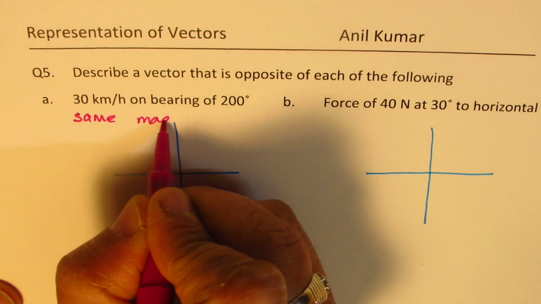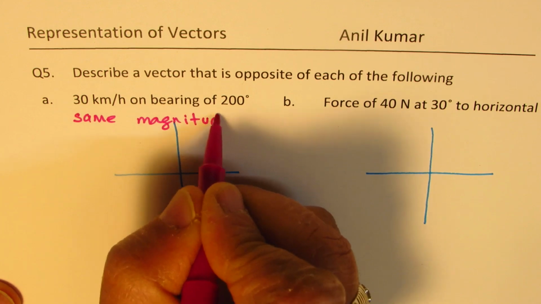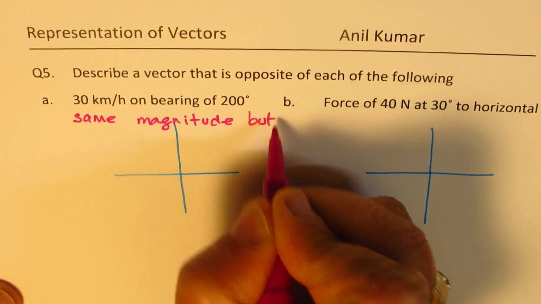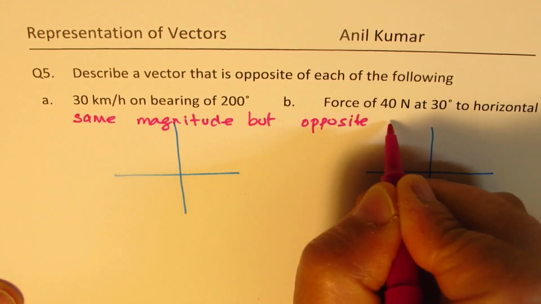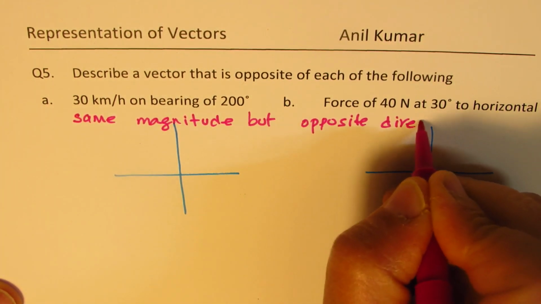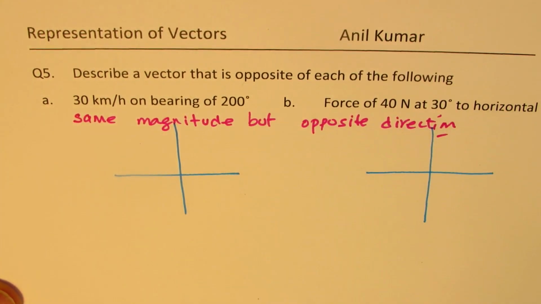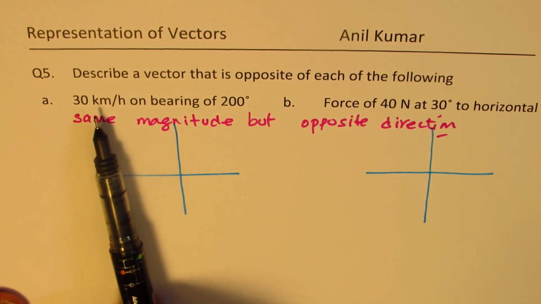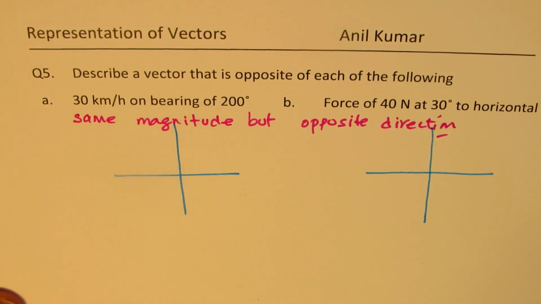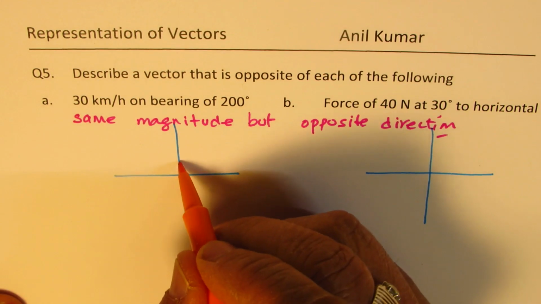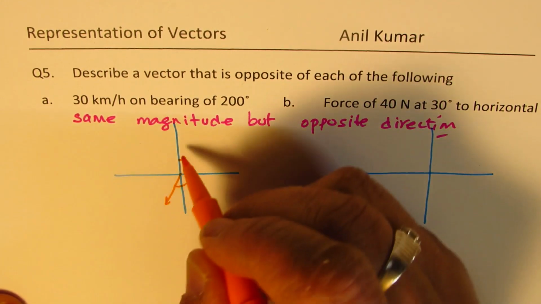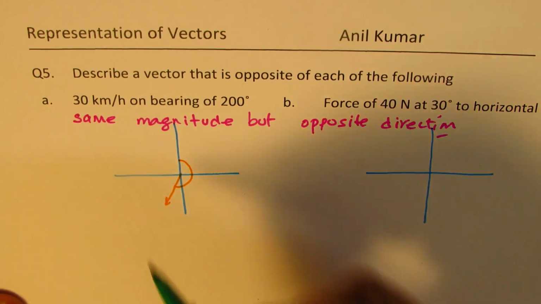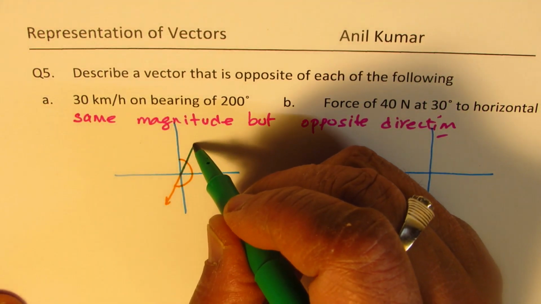same magnitude but opposite direction. Okay, so 30 kilometers per hour on a bearing of 200. So if I have to make 200, it will be 180 plus 20, right? So 30 kilometers. The opposite to this will be on this side, correct?